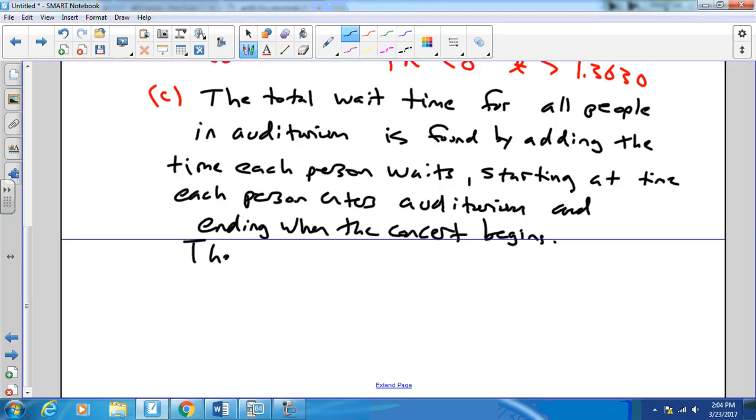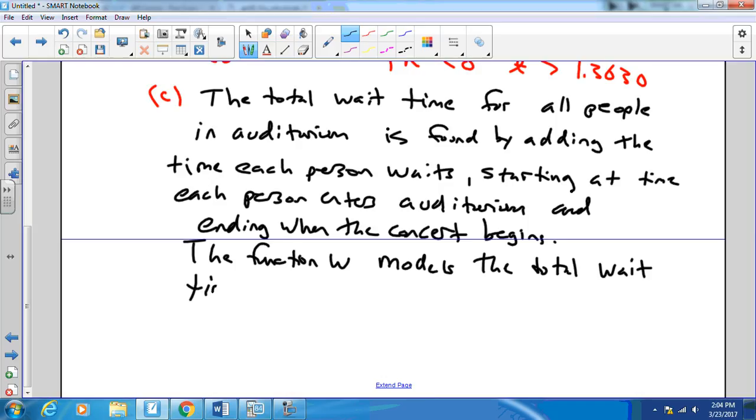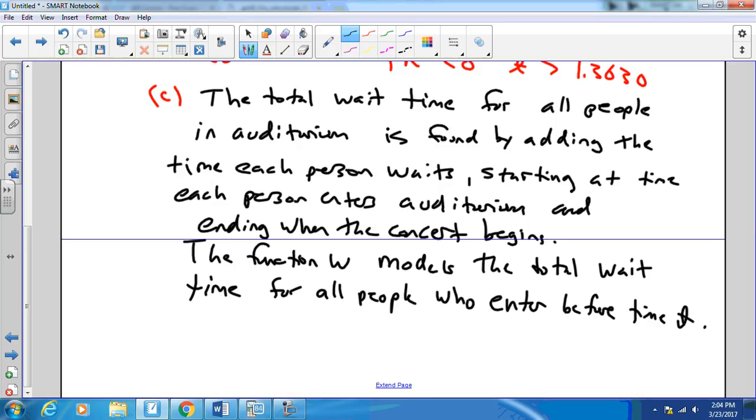The derivative of the function W models the total wait time for all the people who enter before time t.